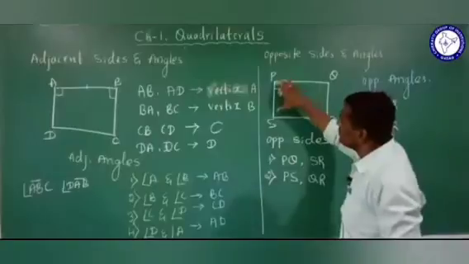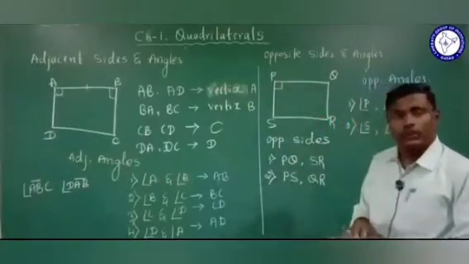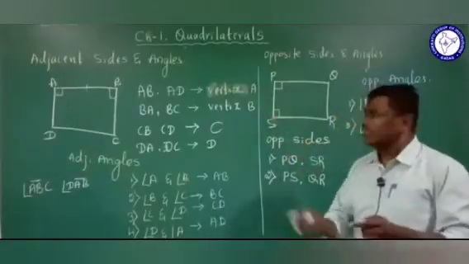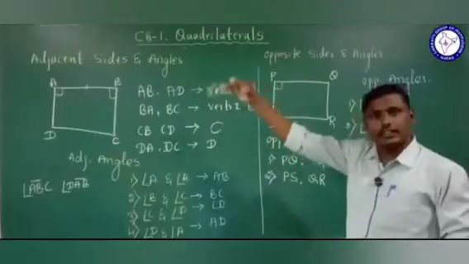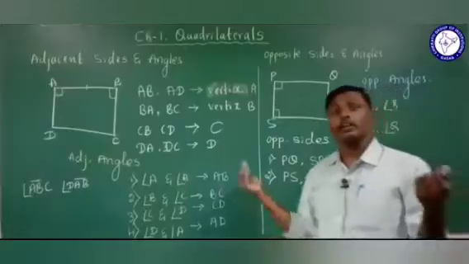Because these two angles have a common side, that is PS, right? These kinds of angles are called adjacent angles, but opposite angles do not have any common side.